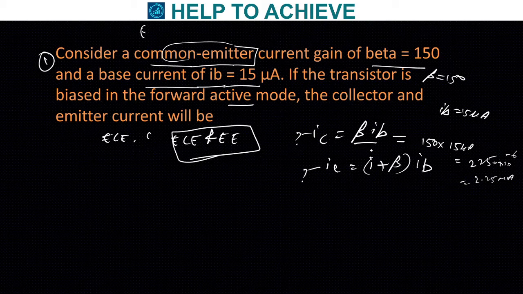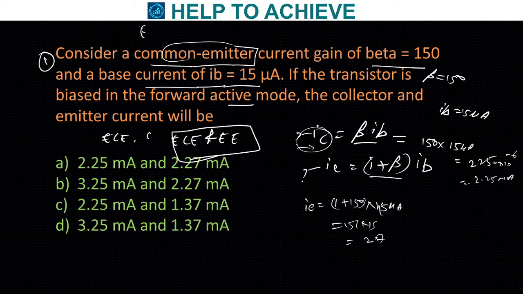So this is the collector current. Now the emitter current is nothing but (1 plus beta) IB, that is 1 plus 150 into IB, which is given as 15 microamps. So this is equal to 151 into 15, which approximately comes to 2.27 milliamps. So the correct answer is 2.25 milliamps and 2.27 milliamps.